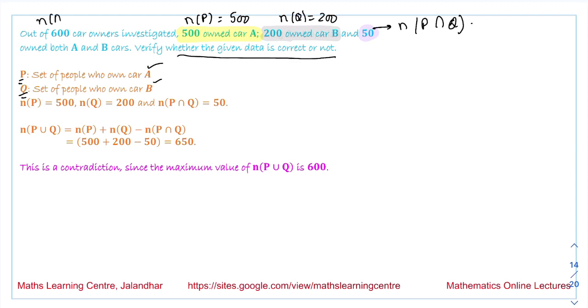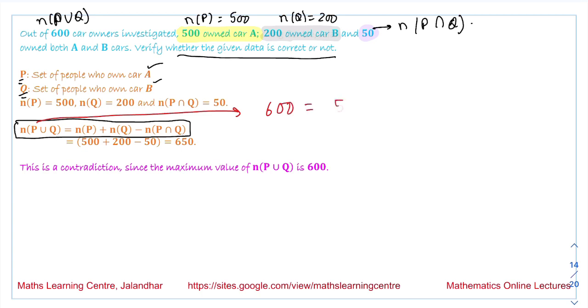So this is the value of A union B, but here it is P union Q. If we put these values in this formula, the number of elements in P union Q, which is 600, should be equal to 500 plus 200 minus 50, and this value comes out to be 650.